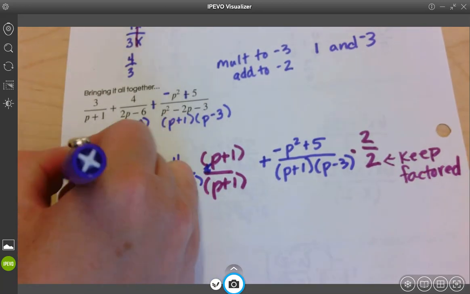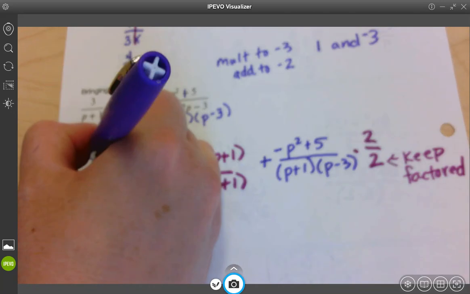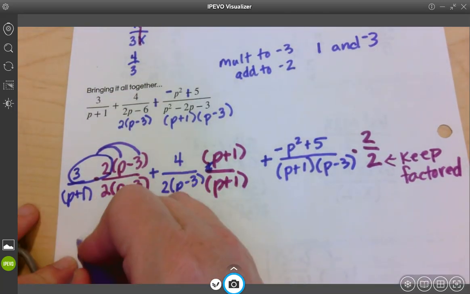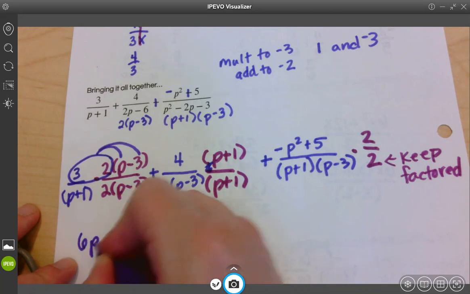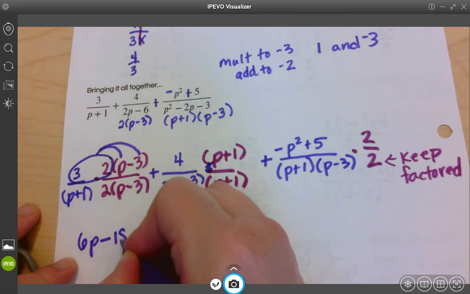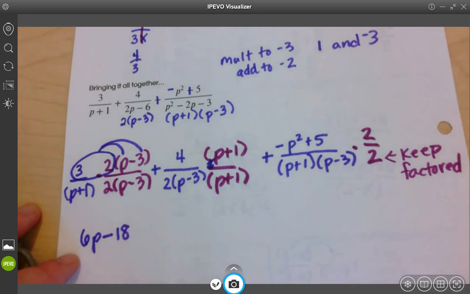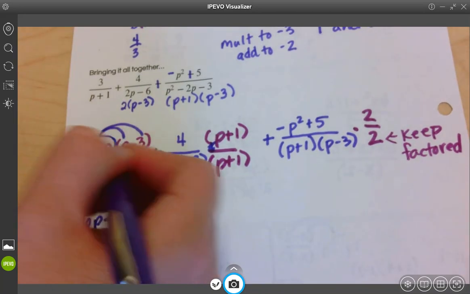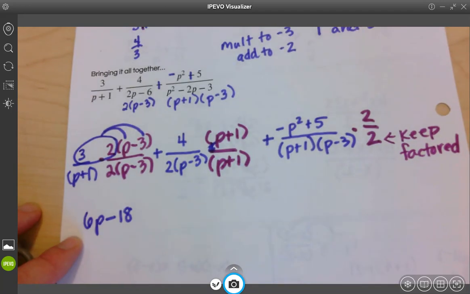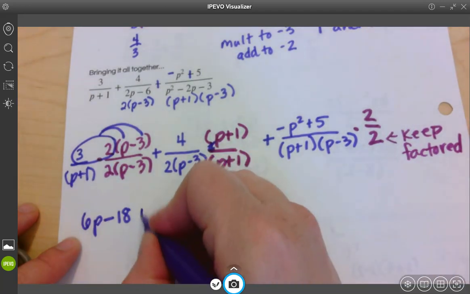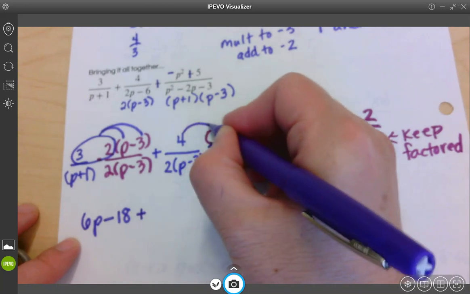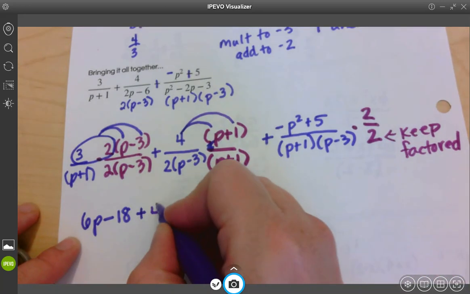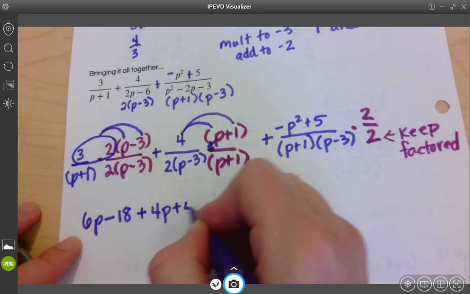All right, so this together is 6, and I'm going to distribute the 6 here, and I'm going to get 6p minus 18. I could show that in 2 steps, but I really feel like I don't want to write that much. So 3 times 2 is 6, and then 6p minus 18. Plus the 4 is going to distribute to the P plus 1, 4p plus 4.